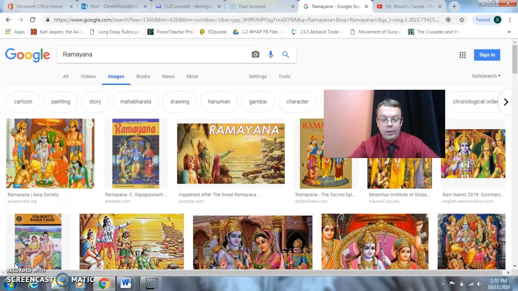He has a monkey near him helping him out, but there is a series of triumphs that he has to overcome to find his wife Sita, and that's where it ends. So it's basically a story of devotion and love of a king trying to go back together with his queen. And it's a huge, enormous epic. And it's very important in Hinduism and in India today.